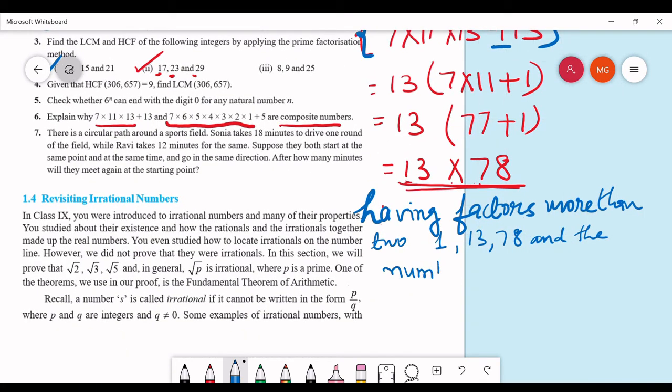So this is very much clear that this is a composite number. This value that has been provided to you is a composite number, right?